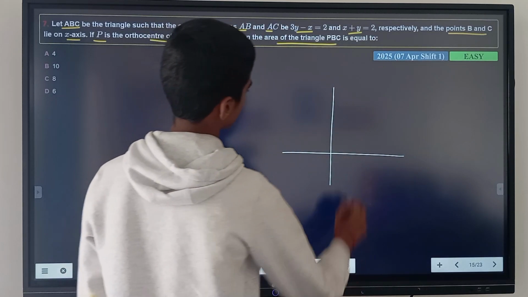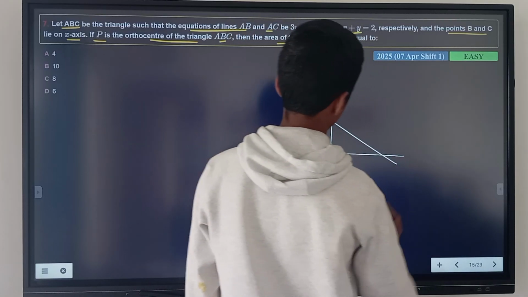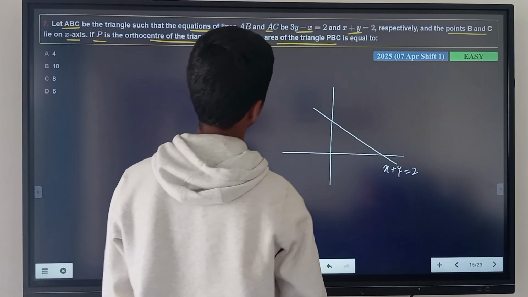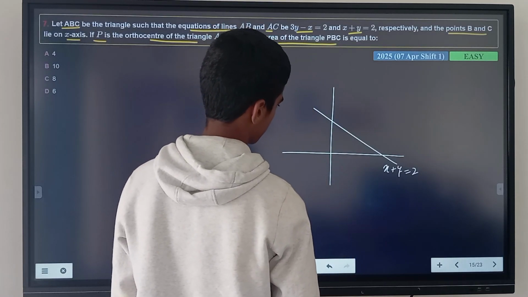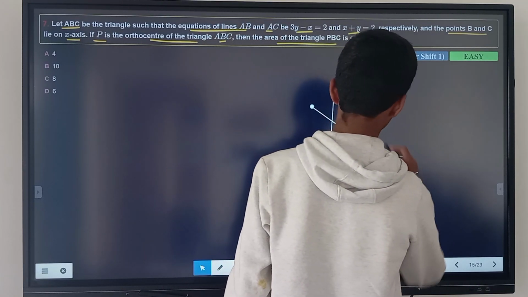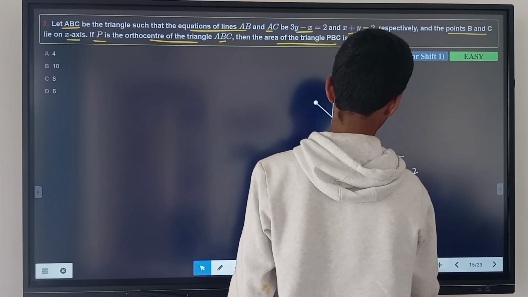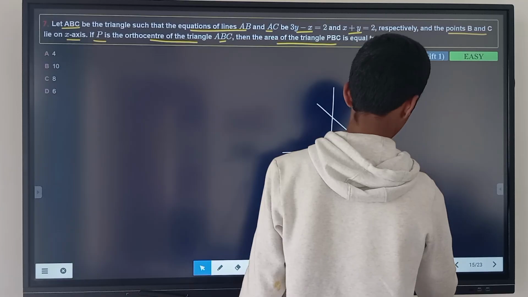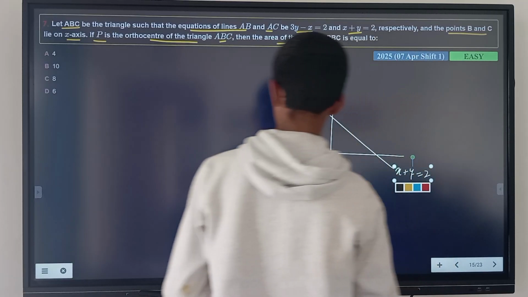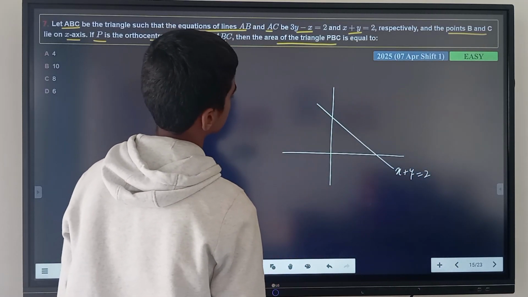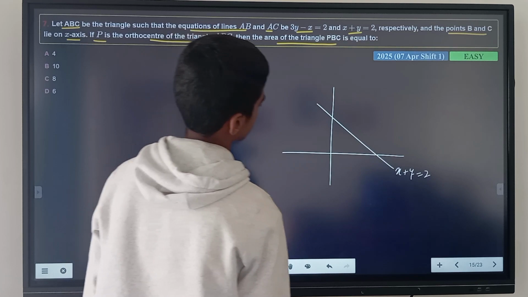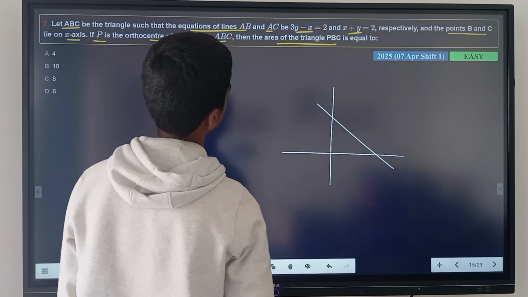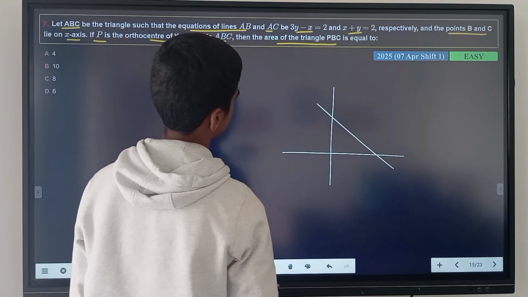Now here we have x plus y is equal to 2, and the other line is 3y minus x is equal to 2.